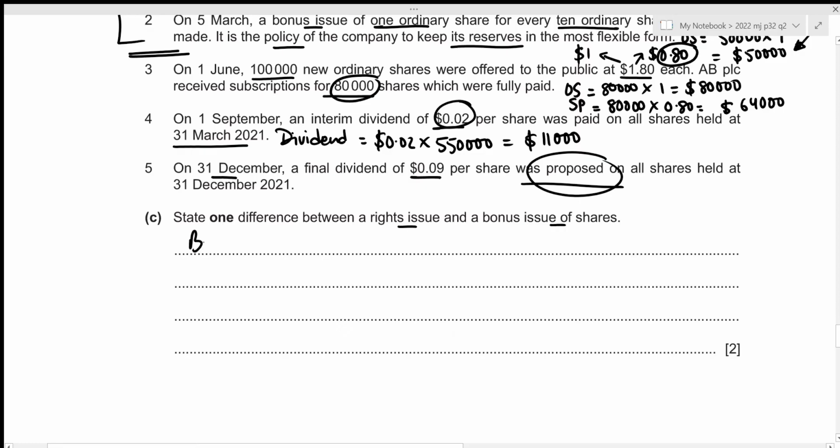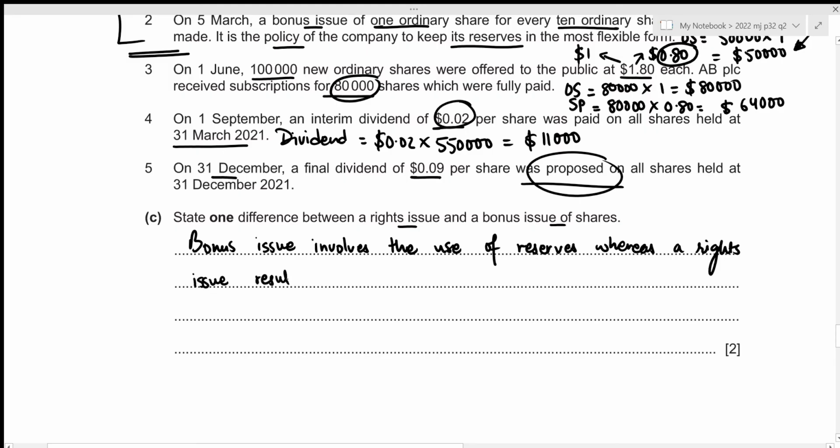Bonus issue involves the use of reserves, whereas a rights issue results in the company receiving cash. This concludes the third part.